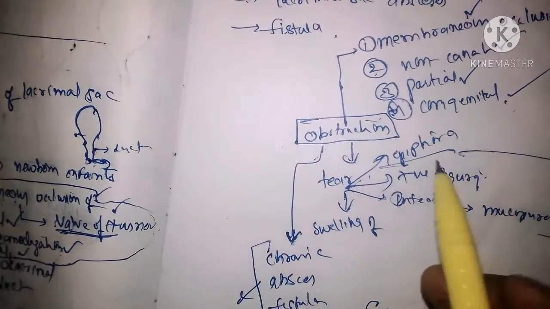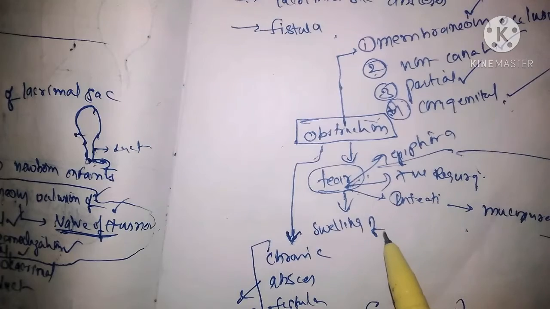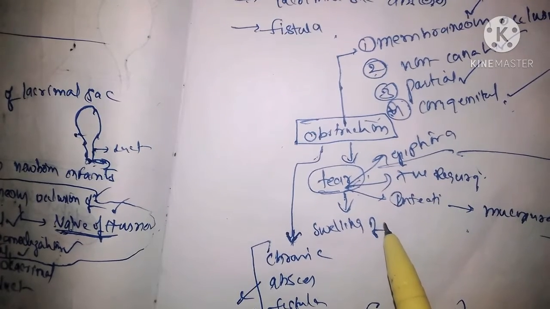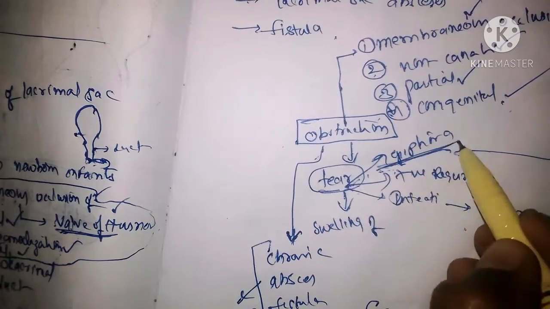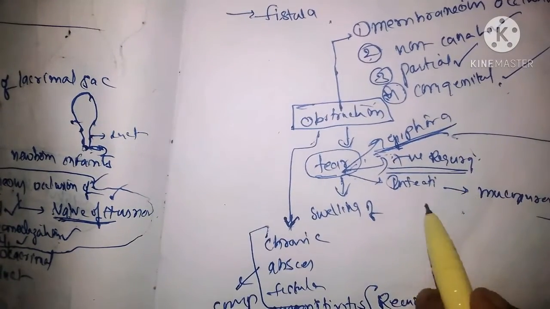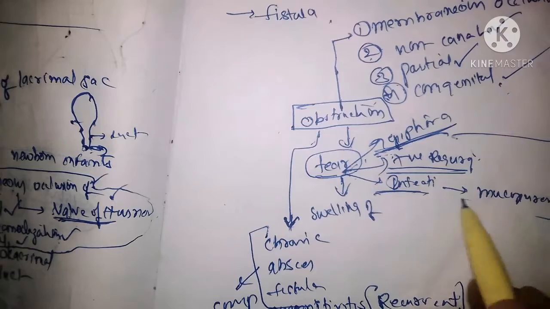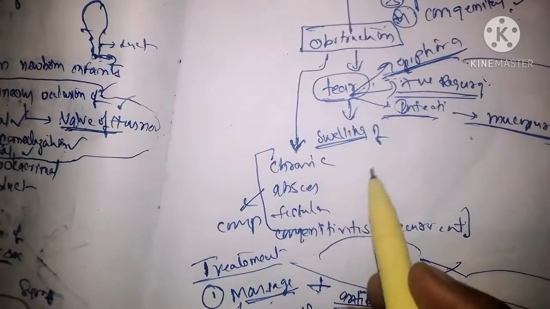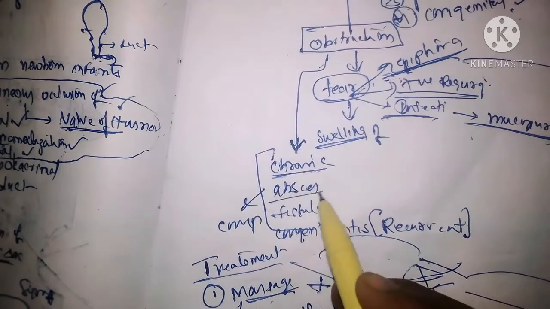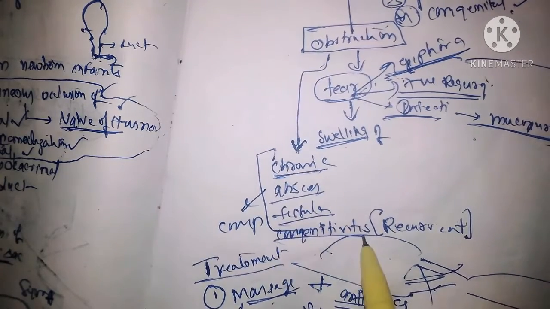Due to this obstruction, there will be accumulation of tears or fluid in the sac. This results in epiphora, positive regurgitation test, and infections that result in mucopurulent discharge and swelling.